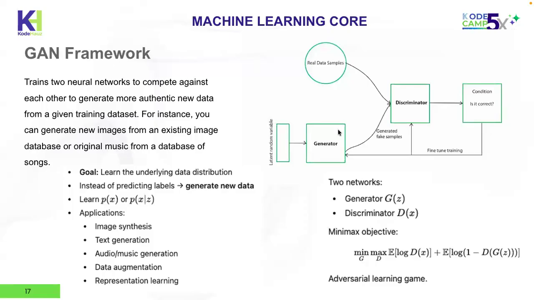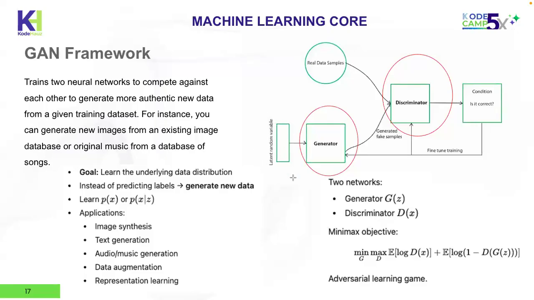I won't go too much into it because first of all, it's really difficult to train. You are training basically two neural networks, two sets of weights, the discriminator weight and the generator weight. But it's also been kind of overtaken by better models. But anyway, GANs are essentially two neural networks that you are training to compete against each other to generate more authentic new data from a given training data set.